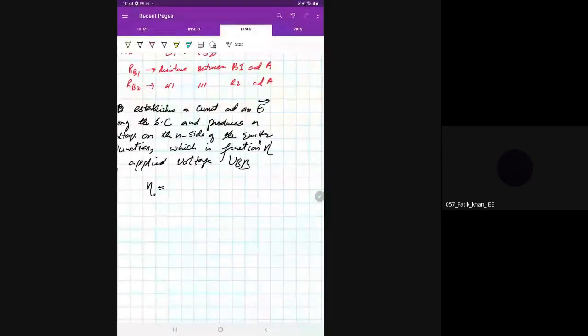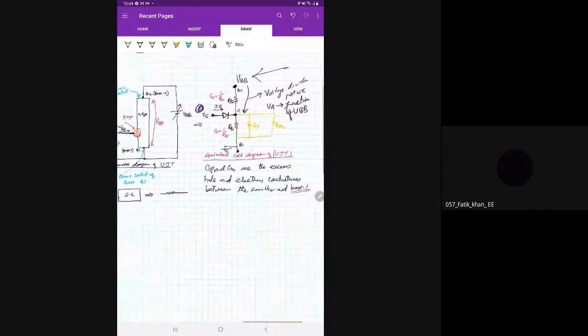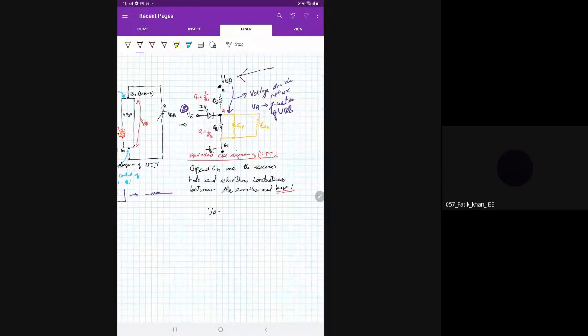Neta will be equal to, what is neta? Neta is VA divided by VBB. Because what is VA in this voltage divider network? VA is equal to RB1 divided by RB1 plus RB2 into VBB. If we take VBB to the left hand side, तो ये divide हो जाएगा, it will be VA by VBB.